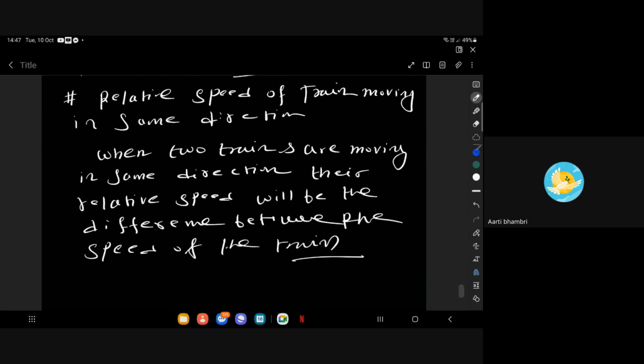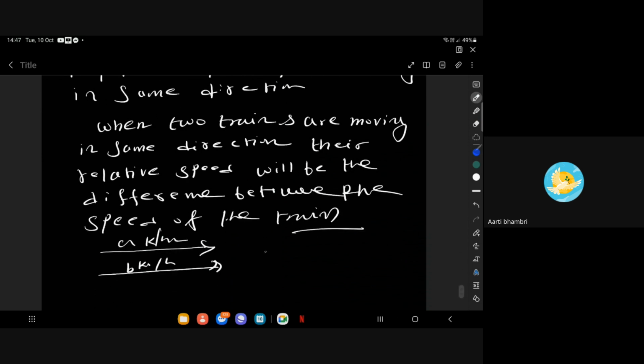Suppose two trains are moving in the same direction. The speed of this is a kilometer per hour and this is b kilometer per hour. Then the relative speed will be a minus b kilometer per hour, or b minus a.